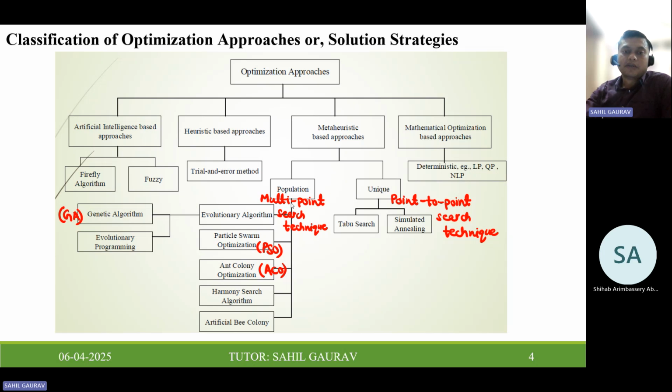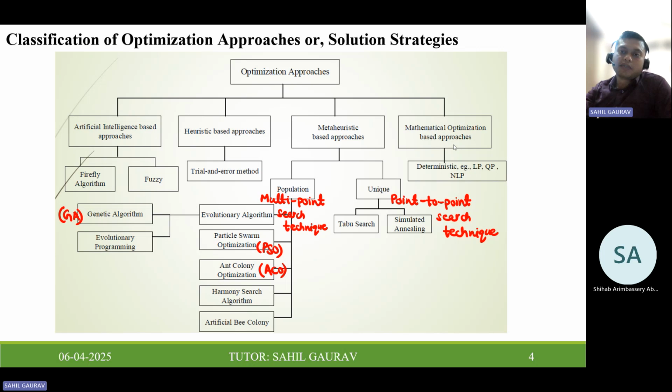In the population based strategy, we have evolutionary algorithms, including genetic algorithm and evolutionary programming. Then we have particle swarm optimization, ant colony optimization, harmony search algorithm, and artificial bee colony. In unique based approaches, we have tabu search and simulated annealing.